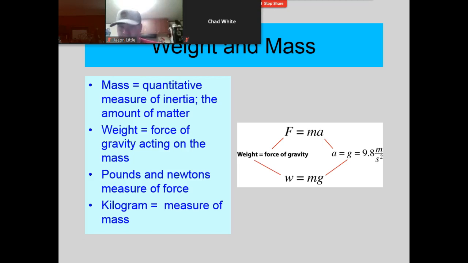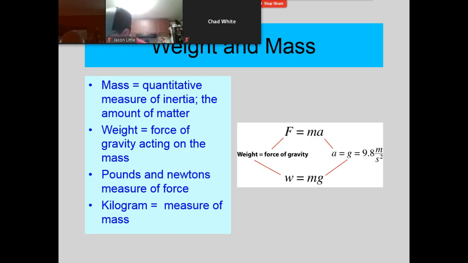In fact, if you go to most grocery stores and look at the scales there in the produce department, they'll usually have weight on the outer ring in pounds, and then they'll have kilograms on the inner side, as if they're measuring the same thing. They are not. Weight is a force, mass is mass, okay?